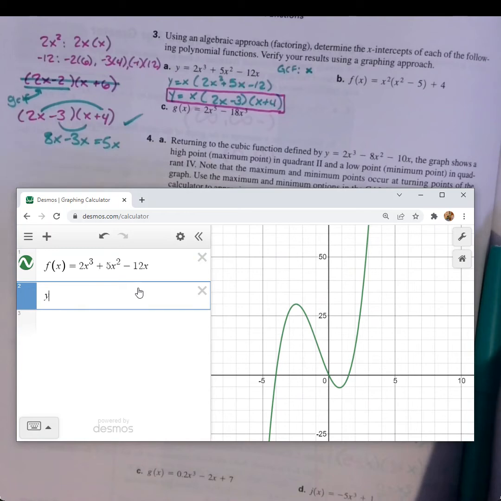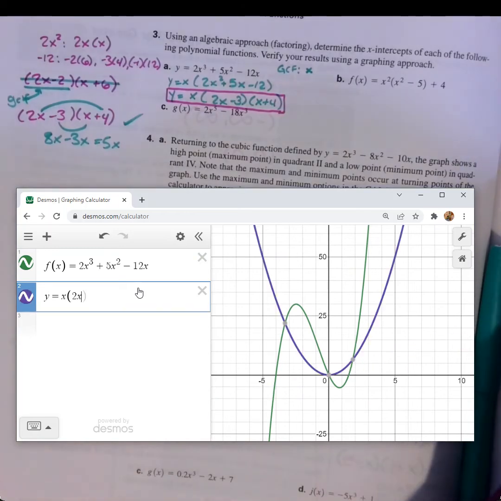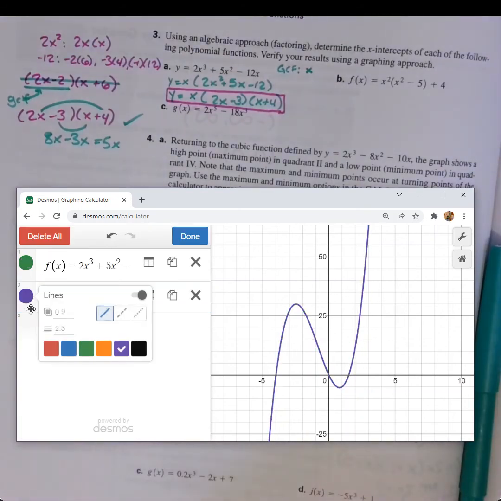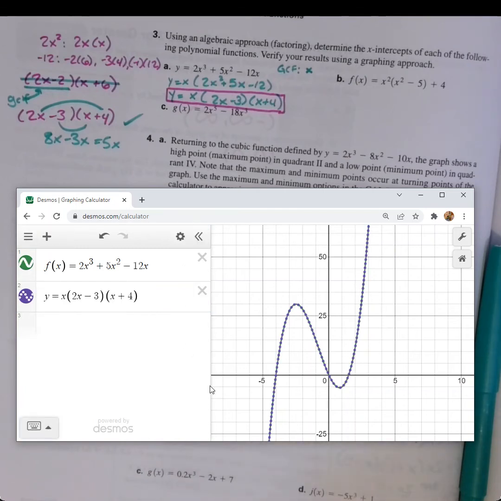And then I can graph my answer, which is y equals x times 2x minus 3 and x plus 4. And what I'm hoping to see is that the two graphs are identical, that the graph of the factored version lines up exactly on top of the graph of the original, so it shows me that my factored form is identical or equivalent to the original. So it does, and so I know that I have not made any mistakes during my factoring process.